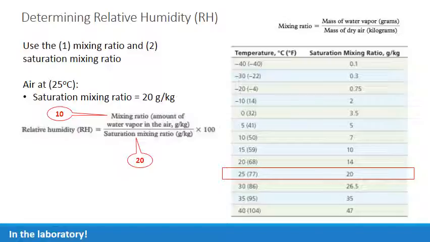A relative humidity of 100% does not mean, and it can't possibly mean, that the air around us is completely water, right? It just means that it's holding as much water as it possibly can before a cloud forms.